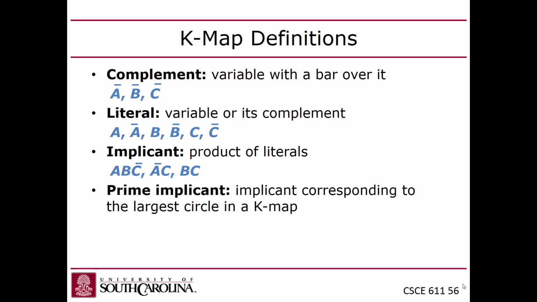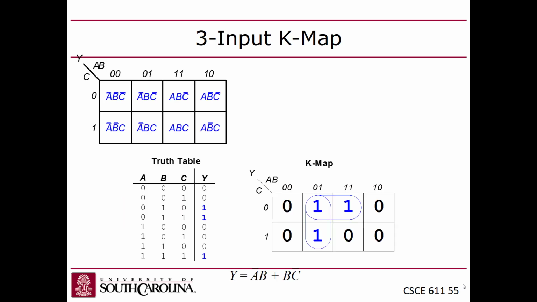A prime implicate, in terms of a Karnaugh map, represents a grouping of ones that isn't part of a larger grouping, that can't be made part of a larger grouping. You guys with me? So for example, if I had a 1 here, in addition to these 3 ones, I could circle all 4, right?